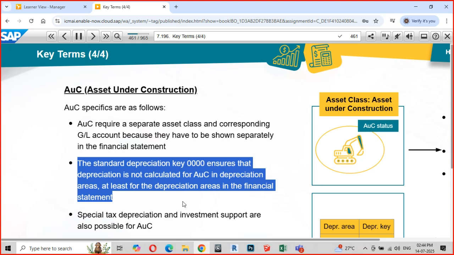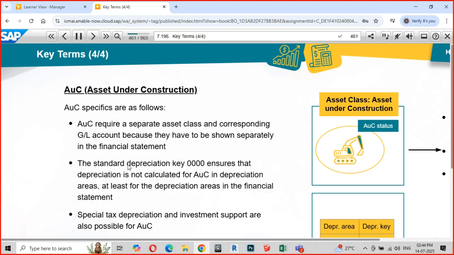When we are talking about AUC, since the asset is not completed and the asset is not being used, there is no concept of depreciation. That is why it is zero depreciation. So as of now, you can simply say depreciation key 0 is zero depreciation.